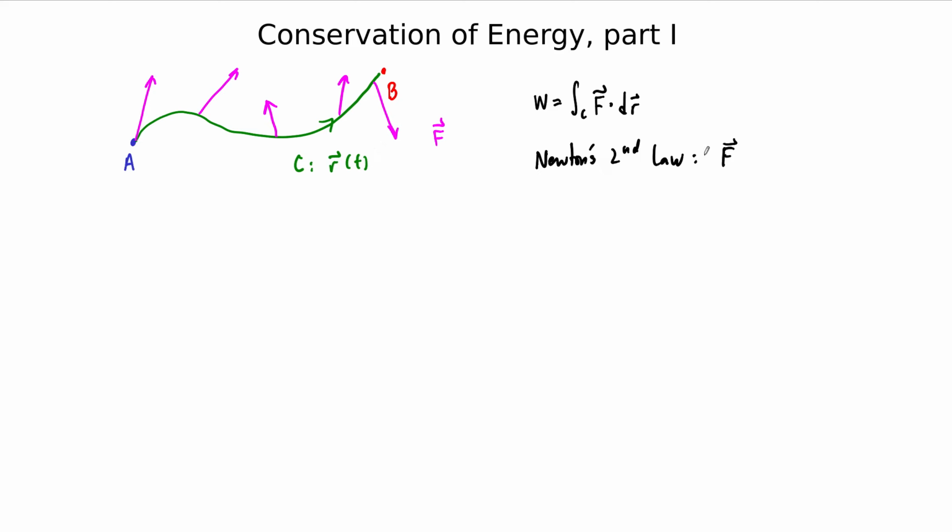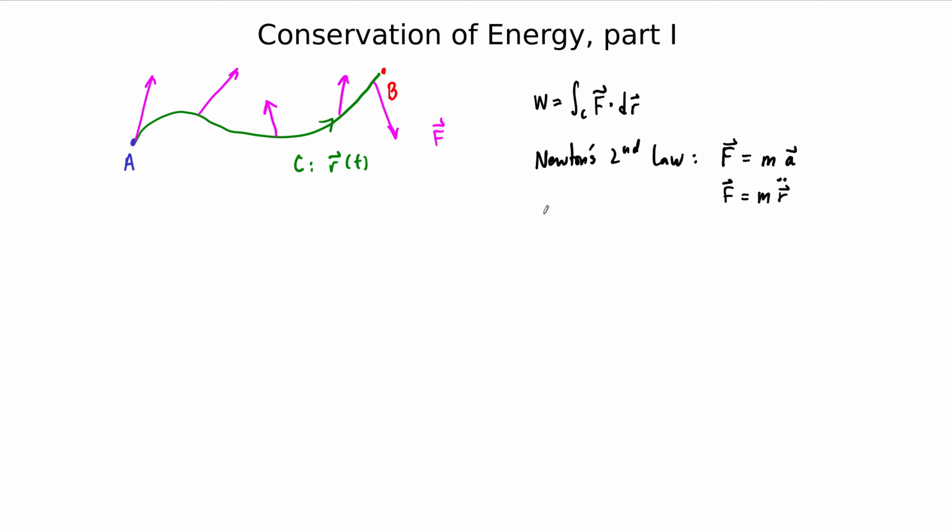Newton's second law says that force is always equal to mass times acceleration. Our particle has constant mass, and we remember from physics or calculus 1 or 2 that acceleration is the second derivative of r. Really, we should remember this from earlier in Calc 3. So F is equal to mass times r double dot, the second derivative.